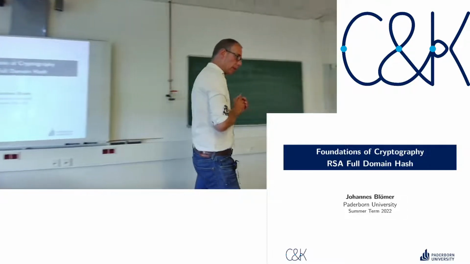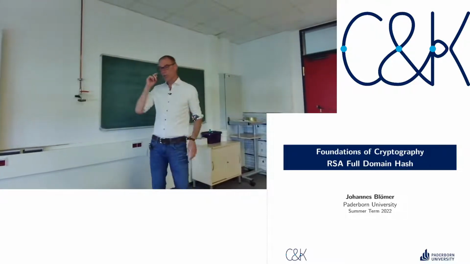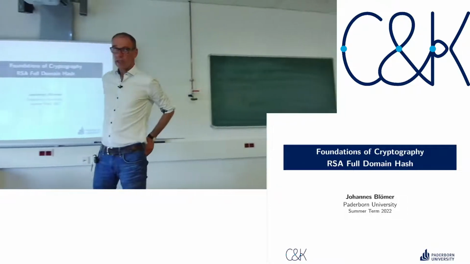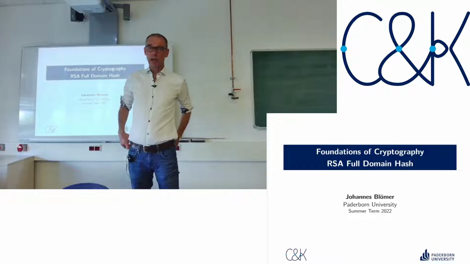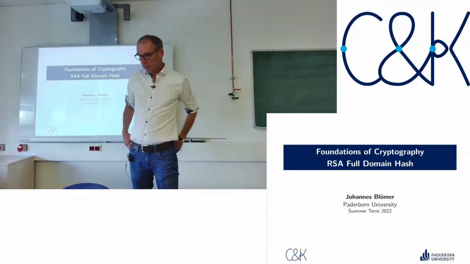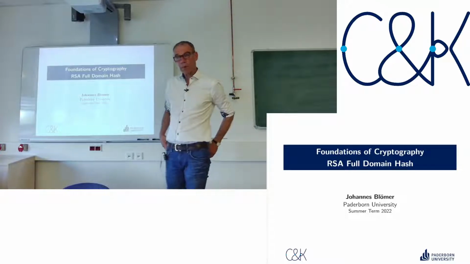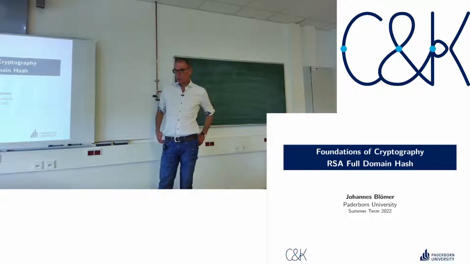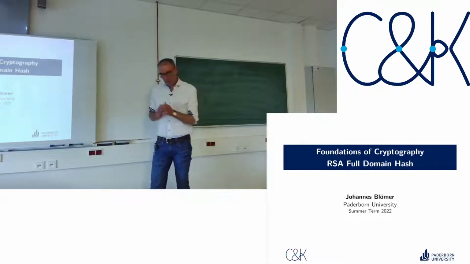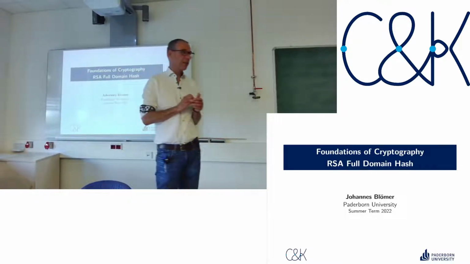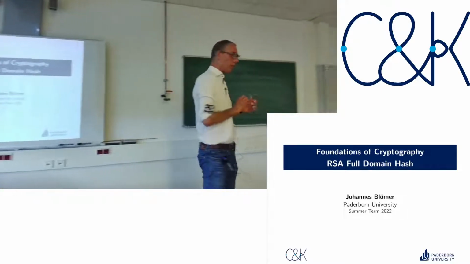We already looked at those signatures a few lectures ago, and we saw that textbook RSA signatures are insecure. The RSA function has this homomorphic property, and that is enough to show that it's completely insecure. Nevertheless, RSA signatures in modified form are used a lot in practice.